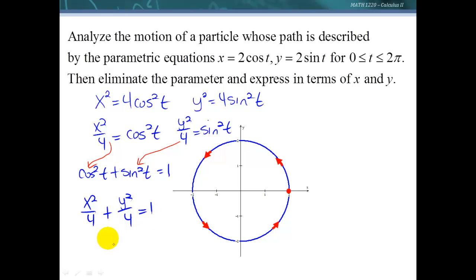We could multiply everything by 4 so that we could clear this of fractions, and then we could see that we have the recognizable equation of a circle centered at the origin of radius 2. So there we go. The only thing different here is that it doesn't show us the direction that the particle traveled, and we lose that when we eliminate the parameter.